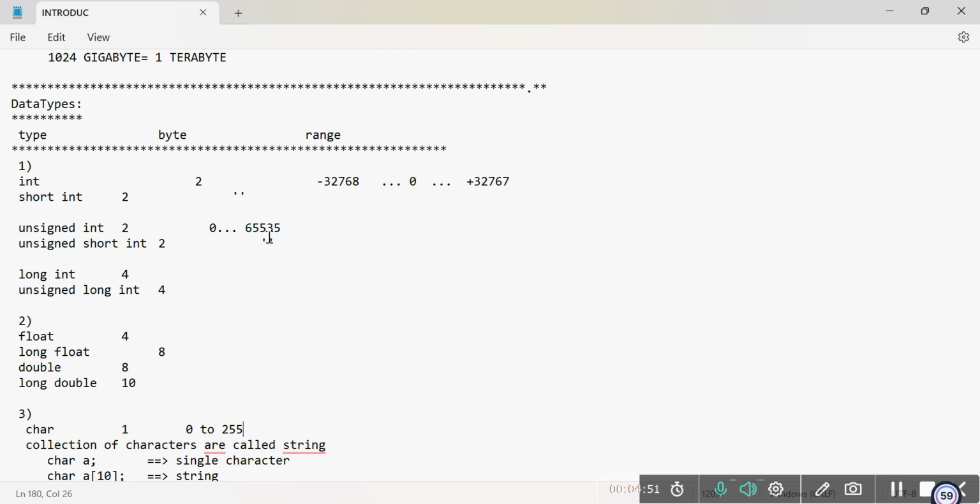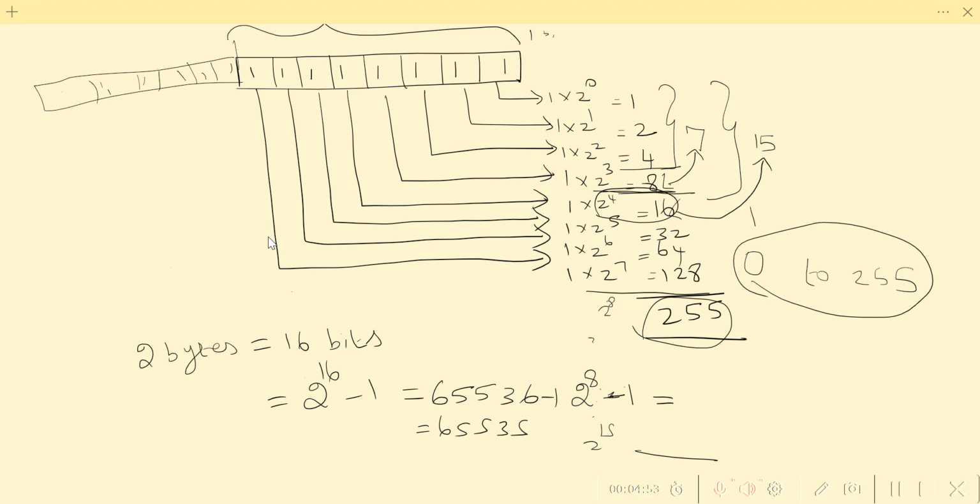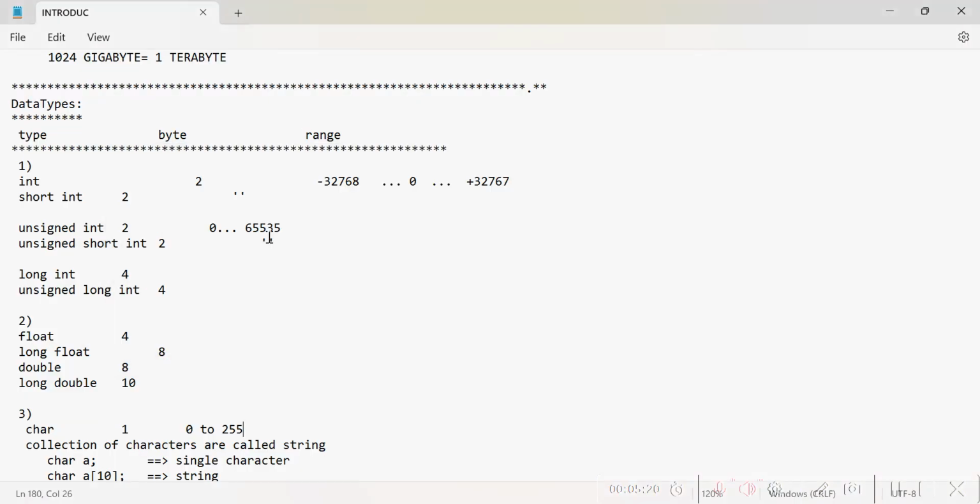It means 65,535 is divided by 2, and the result is 32,767 with a remainder. But it's an odd number, so it's not balanced.